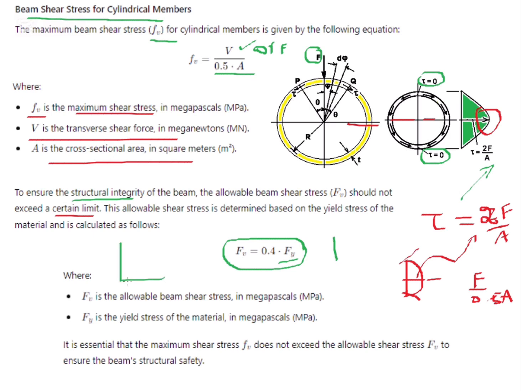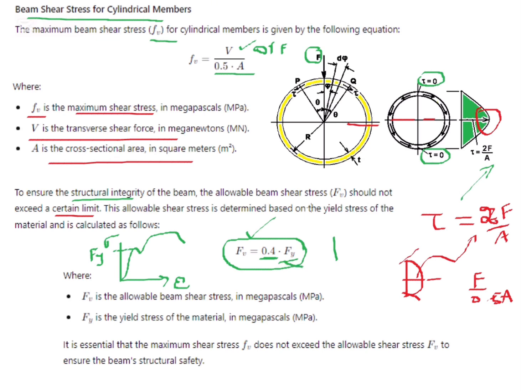You know the stress strain curve, it goes like this, with strain on one axis and stress on the other. We know the yield value Fy. So 40% of this value, 0.4 times Fy, is the allowable shear stress. The actual shear stress should be limited to this allowable shear stress.